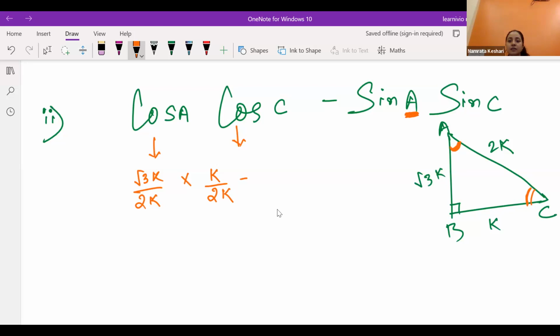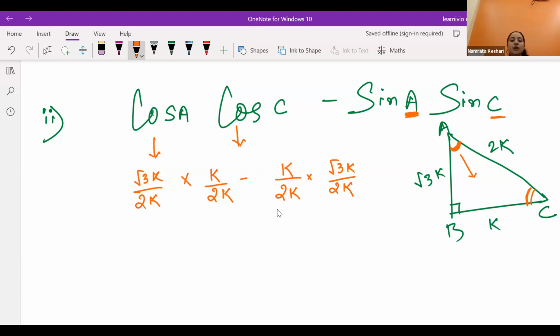K by 2k, because with reference to angle A, the opposite side is k and hypotenuse is same. Sin C. Sine formula is opposite over hypotenuse. Now focus on angle C, opposite side is root 3k and hypotenuse is 2k.